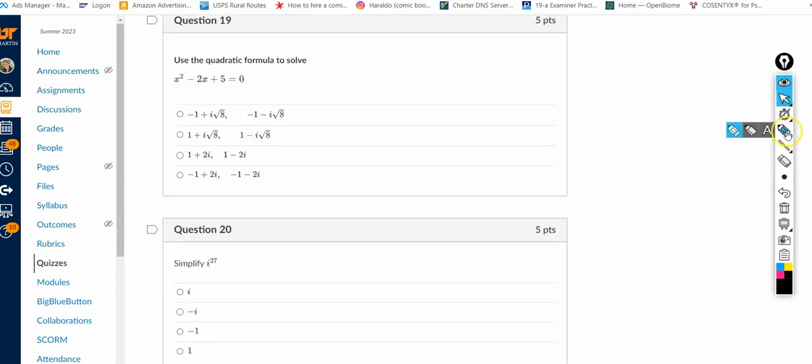Okay, use the quadratic formula to solve. All right, A is going to be equal to 1, B is negative 2, and C is equal to 5.